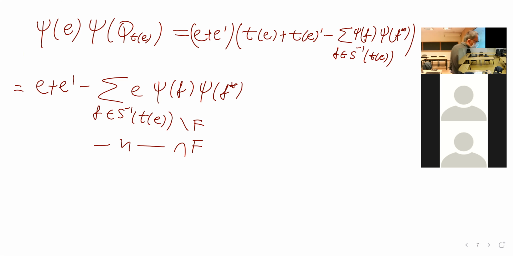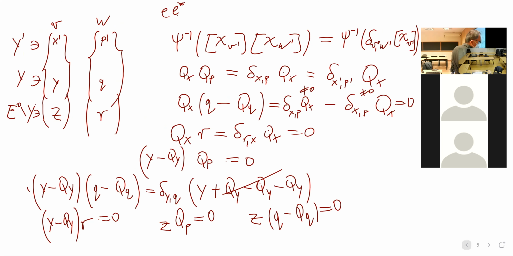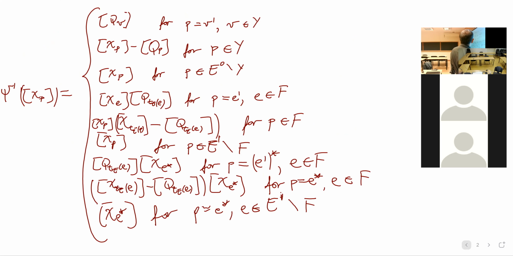So I'm applying psi. So you see, it's trivial, but when you really want to do it, it's a task. Okay, so this is what I'm computing. That's a penultimate calculation. P is in E prime. Okay, so I just want to end up with E prime at the end of the day. I apply psi. I know what happens here, and now I have this QTE term, TE is in Y prime.